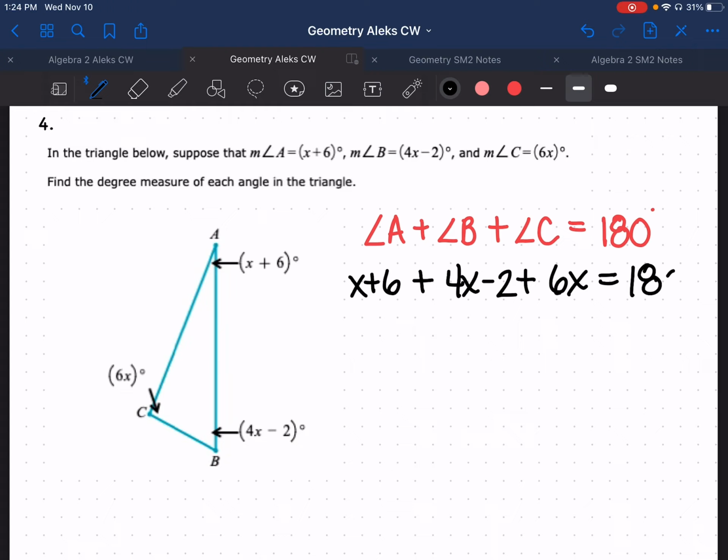Now I can go ahead and solve this problem for x. Once I've solved for x, I'm going to go back and plug it in to find the measures of angles A, B, and C. So I'm going to take my x's and combine them together.